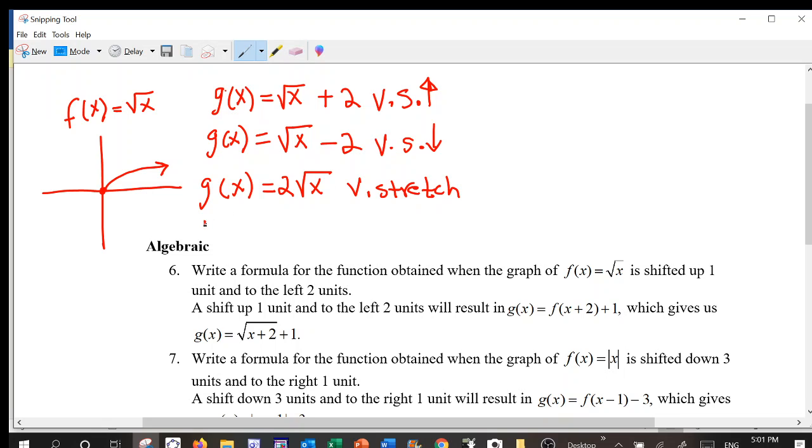What happens if you divide the right hand side by a number? That is like multiplying by a fraction. Let's say you divide by 2. What happens to the graph? Well, this is equivalent to multiplying the y coordinates by 1/2, or dividing by 2. That means it's going to be a vertical shrink.